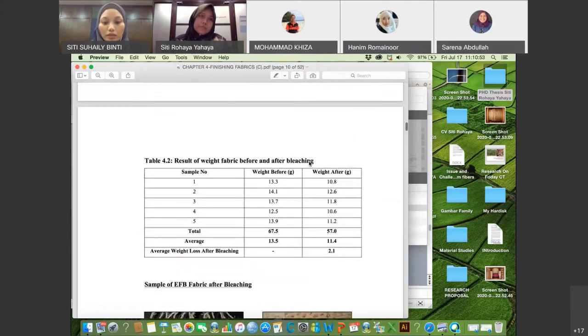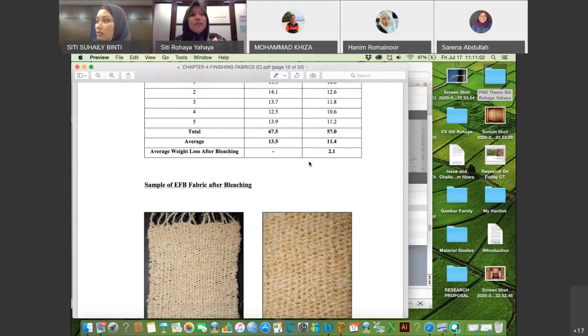How many days do you need to bleach this EFB to make it whiter? Actually, just a few minutes, 2 minutes. It's like Clorox. We use hydrogen peroxide and also sodium silicate. If we just leave it for one day and one night, the color will change.